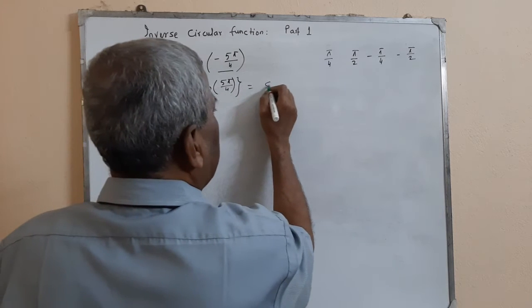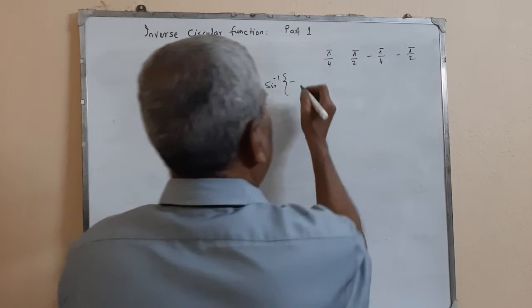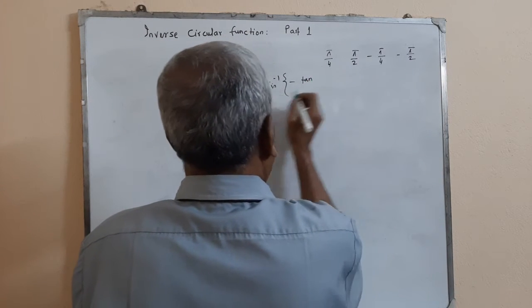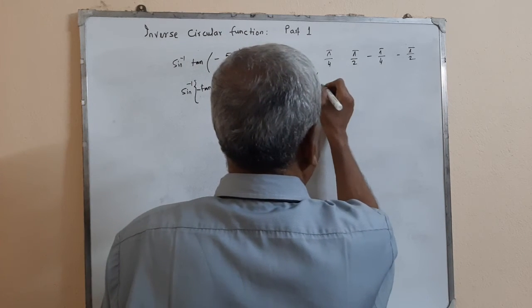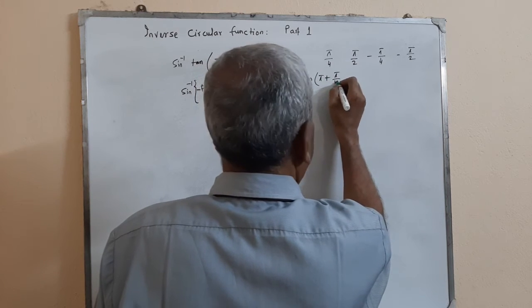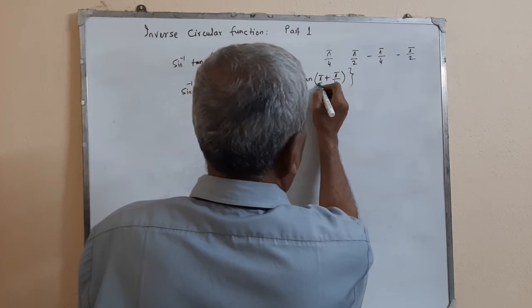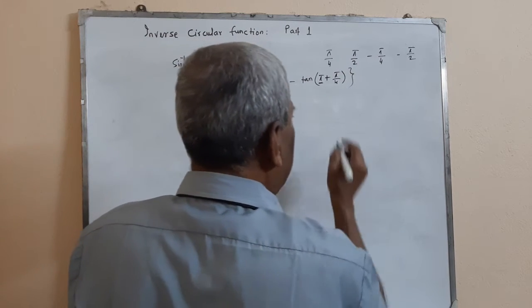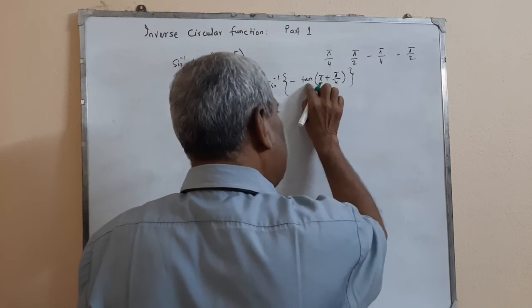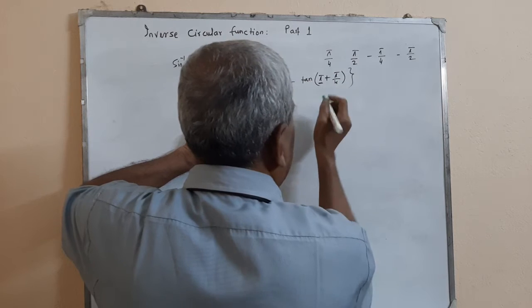It is equal to sine inverse of minus tan of 5 pi by 4, which can be written as pi plus pi by 4. Because the multiplier of pi by 2 is 2, an even number, tan will be retained, and it lies in the third quadrant.